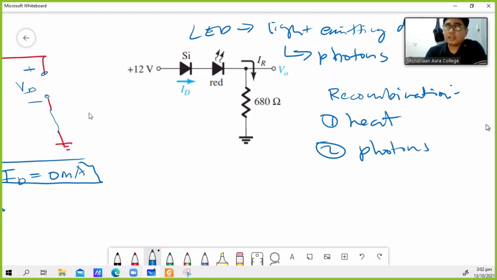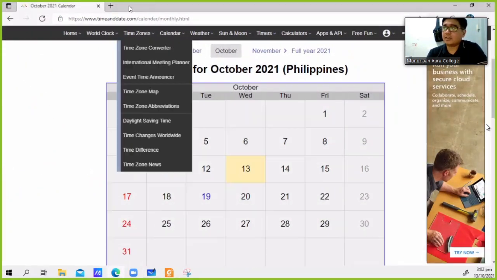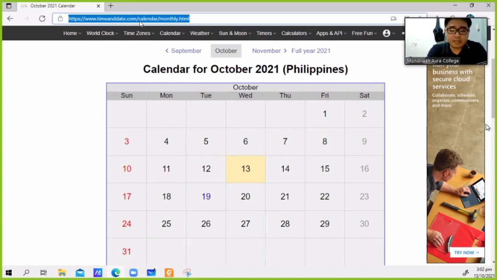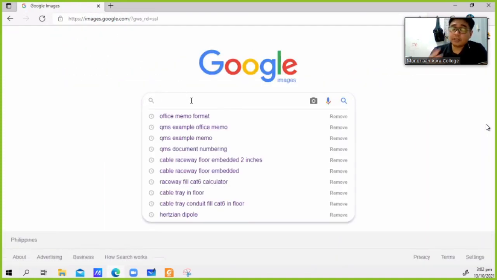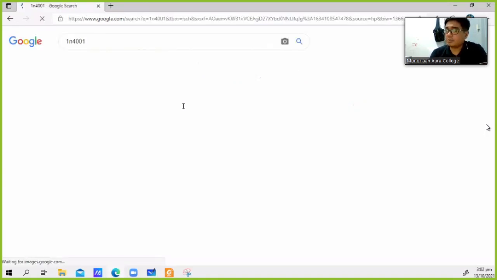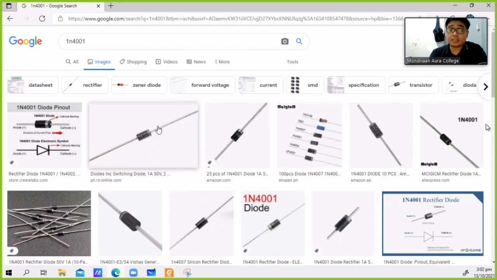Photons. So bakit yung mga regular na silicon diode hindi umiilaw? No? Kasi yung mga silicon diode na yon is made mainly of silicon. No? Hindi siya made of gas. Kasi yung gas, ito yung nagpo-produce ng photons. So for example, 1N4001. Paborito ko itong 1N4001 na to kasi ito yung normaling ginagamit.